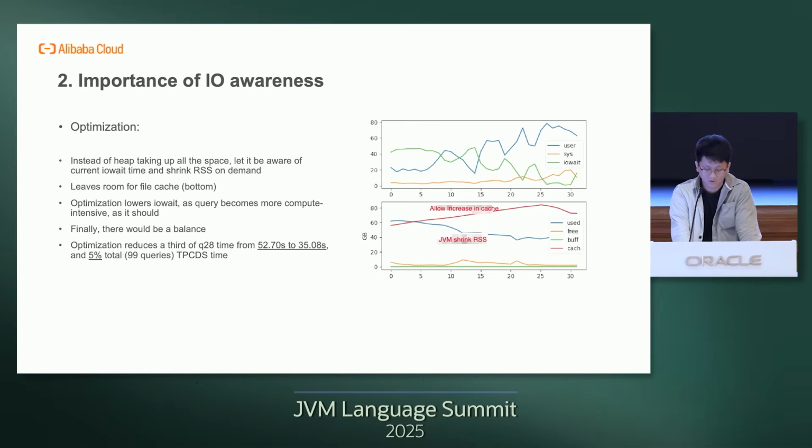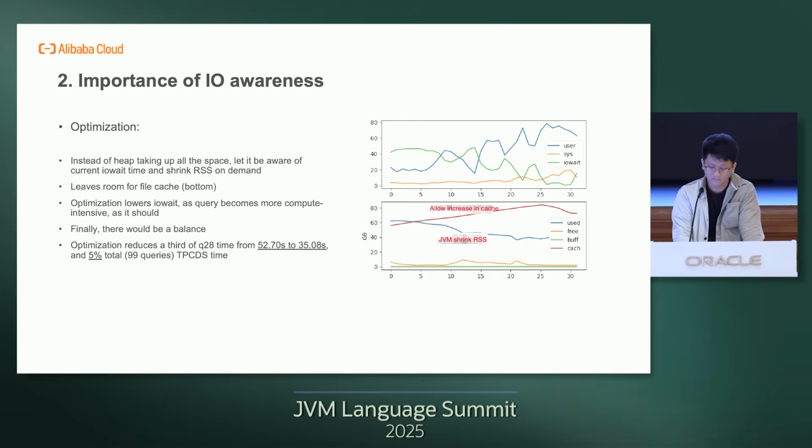The bottom right graph shows that by applying the optimization, we can shrink the JVM heap usage. And in return, when the program is trying to do file I/O, the I/O memory usage can finally increase. And this results in a reduction of the I/O wait, as seen in the green line in the top graph.